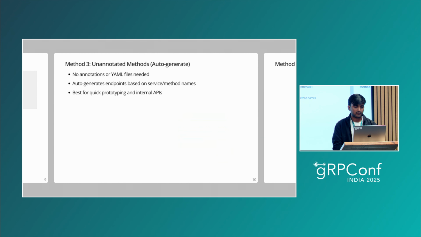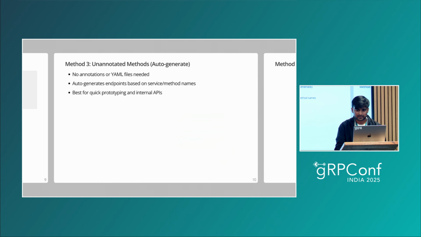For example, the SayHello method might get auto-generated to something like post hello.v1. It won't be according to you, you don't have that power to customize the stuff. It will be auto-generated, and the format depends on the generator settings, the proto. It's good if you want a demo project or prototyping stuff, you don't want to define all the custom stuff, so it's good for those things.